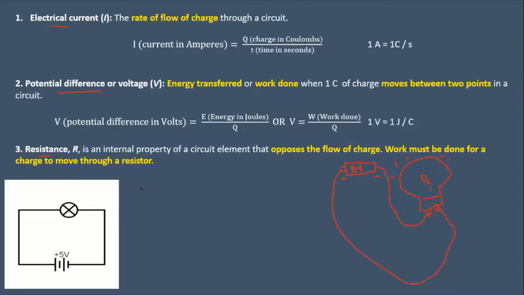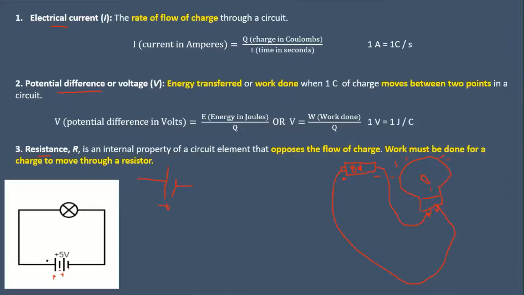So that is the symbol for a battery, a straight line there. This will be the positive terminal, and another, much shorter line. You see here, the positive is the longer line, and this will be the negative.